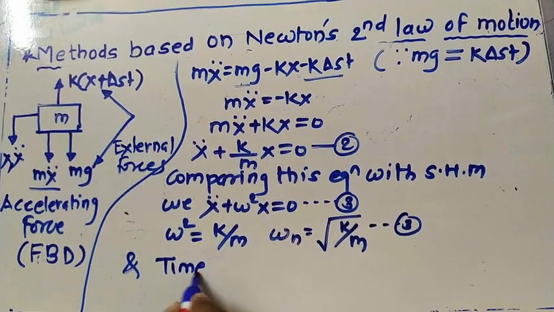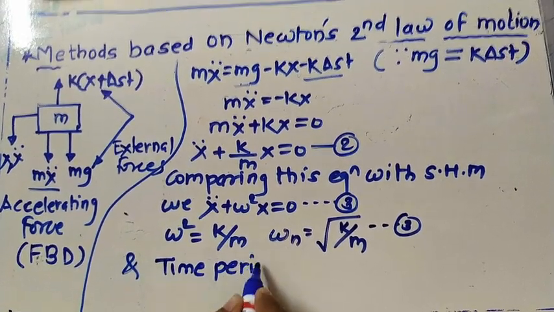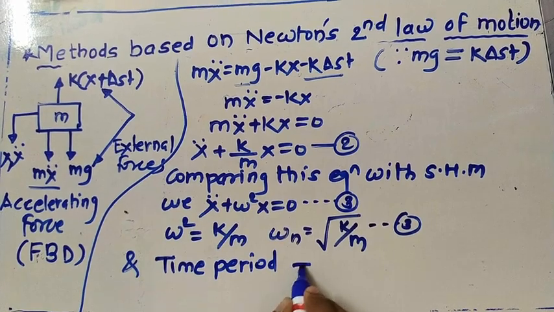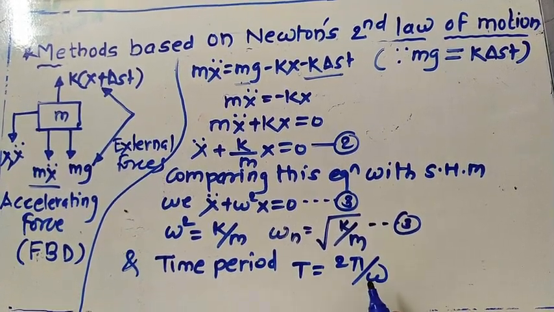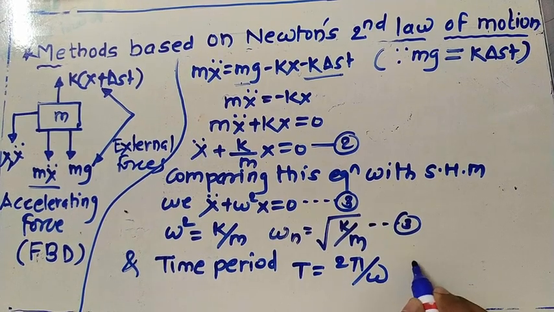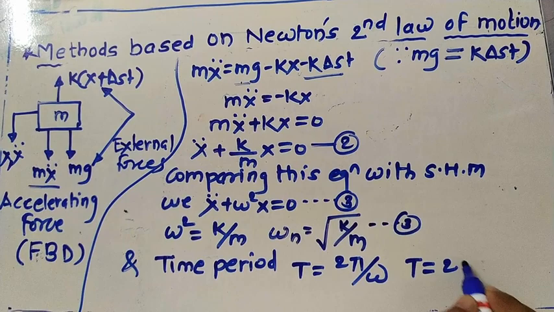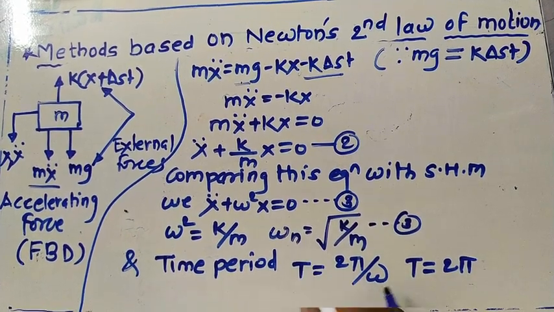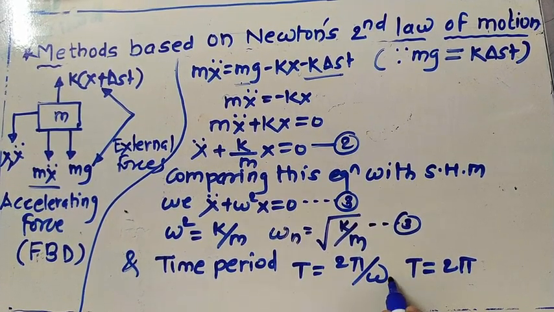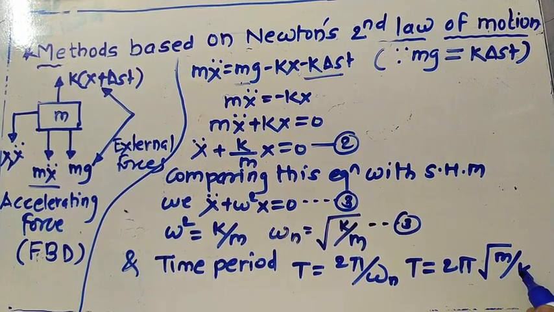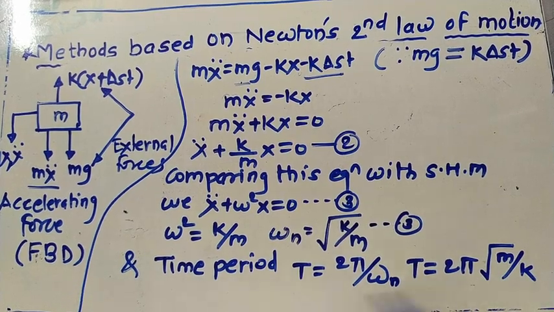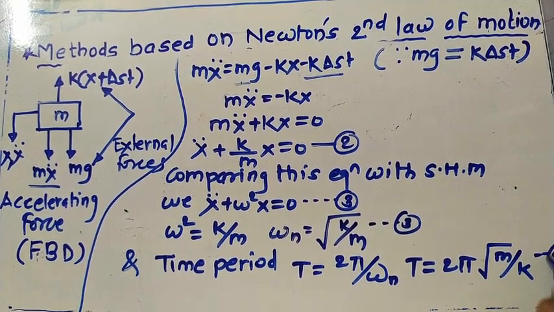Time period T is nothing but 2 pi divided by omega. So what do we get regarding the time period T? T equals to 2 pi, since this omega term is in the denominator, we get m divided by k. Give equation number 4 for this.